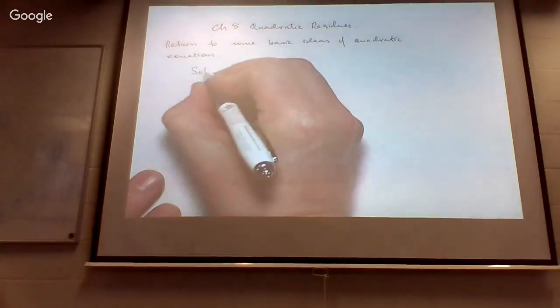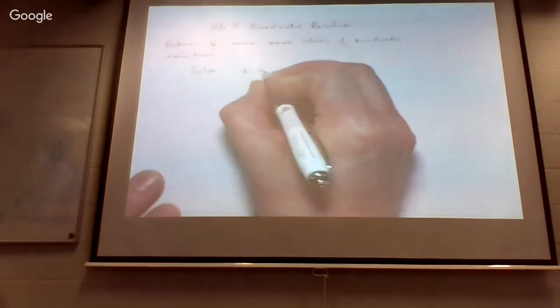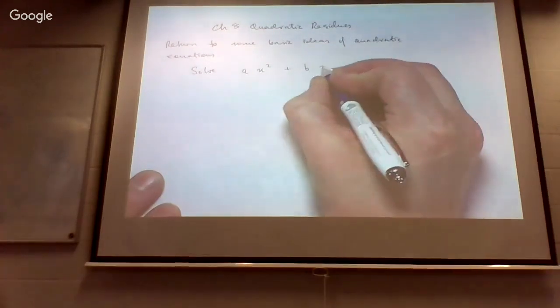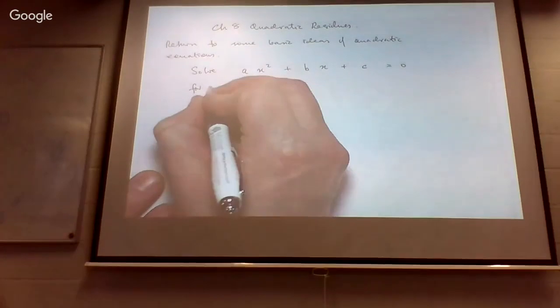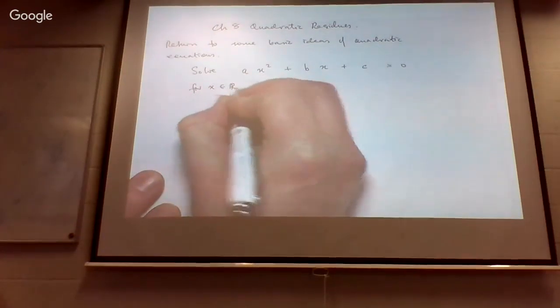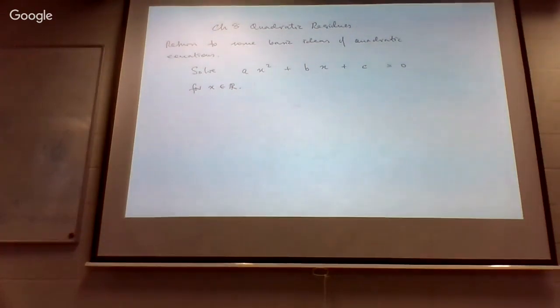So your problem is that you want to solve x squared plus bx plus c equals 0. Solve this for x, for real numbers x. And everybody, I hope, knows that there's a known formula for the solution of this.